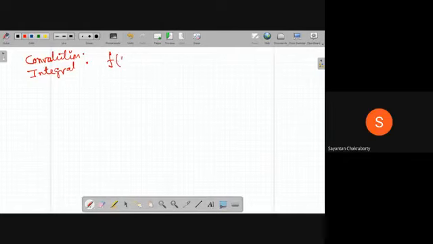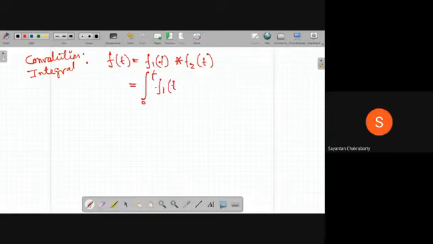Suppose f(t) is given as multiplication of two time varying functions f1(t) and f2(t), and this can be written as a convolution integration d tau. Now, what about the Laplace transform of f(t)? F1(s) into F2(s). You know these things?